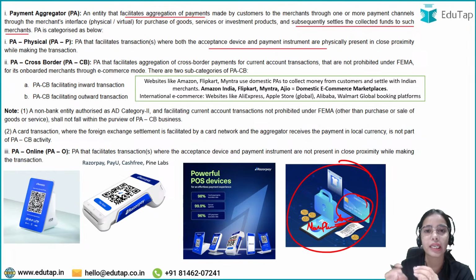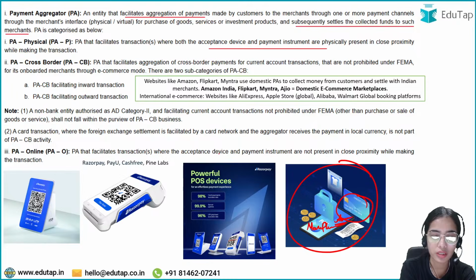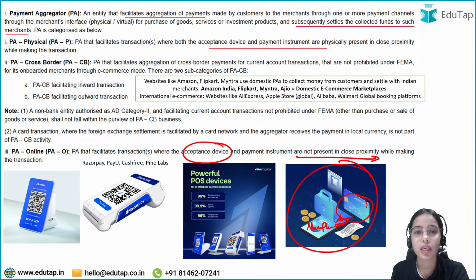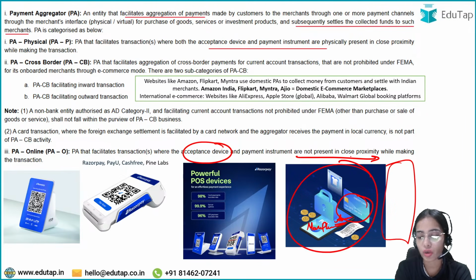So this is payment aggregator online, where the acceptance devices, that is the POS machines and such, are not available nearby and are not present in close proximity while making the transaction. The online transactions that happen, you are paying Zomato, Flipkart, or Amazon and such, are done through the payment aggregator online.